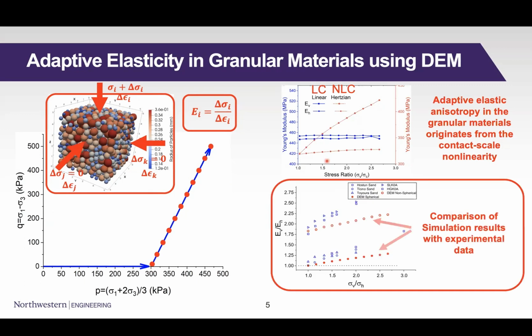If we compare these results with the experimental results that I showed you in the last slide, you can see that even though we did not allow the particles to rearrange, the elastic stiffness anisotropy that arises just due to the contact nonlinearity itself accounts for more than 50% of the stiffness anisotropy shown in the experimental evidence, which is a big deal.